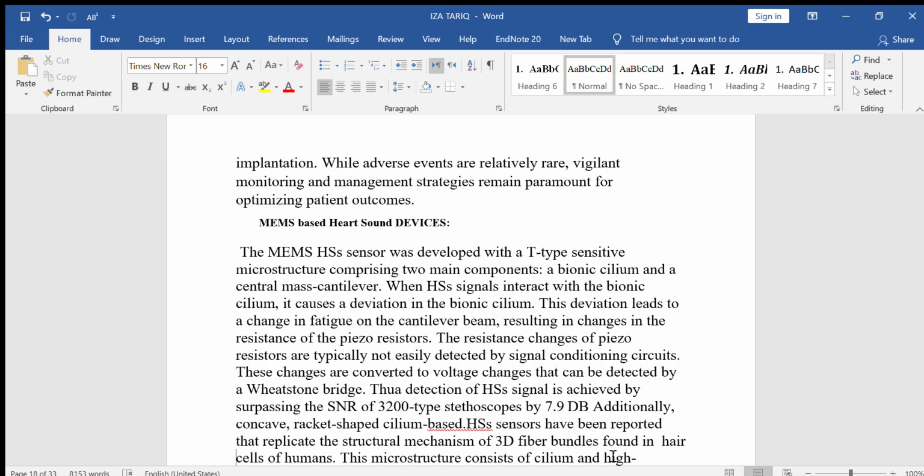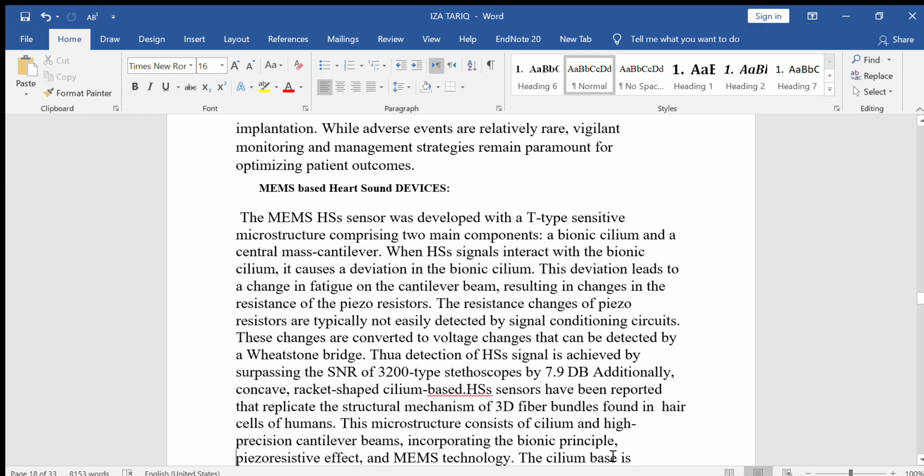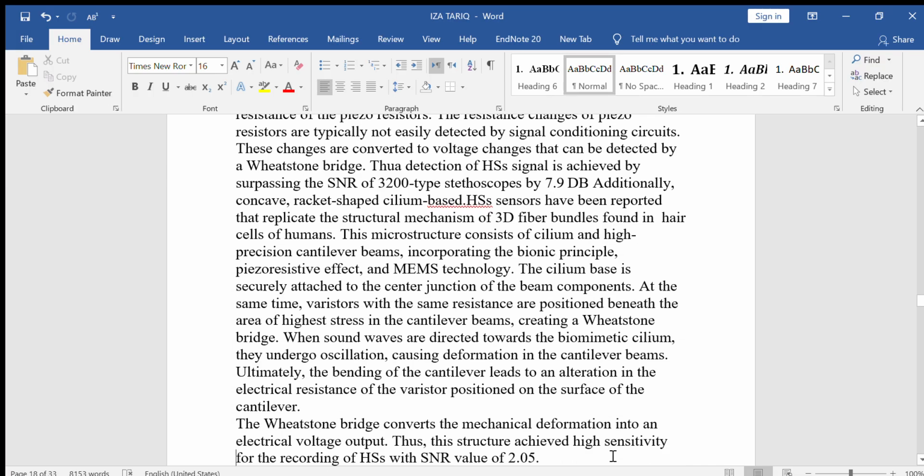Additionally, concave racket-shaped cilium-based heart sound sensors have been reported that replicate the structural mechanism of 3D fibers found in the hair cells of humans. This microstructure consists of cilium and high-precision cantilever beams incorporating the bionic principle, piezoresistive effect, and microelectromechanical technology.